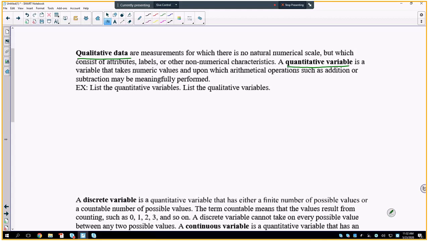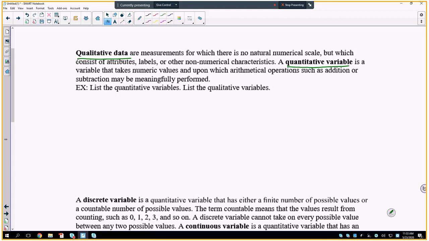So I like to think of qualitative data as the qualities of the element. A quantitative variable is a variable that takes numeric values and upon which arithmetical operations such as addition or subtraction may be meaningfully performed. So we would want to think of the quantitative variable as the quantities for the element. So quantitative is numerical. Qualitative is sometimes called categorical.